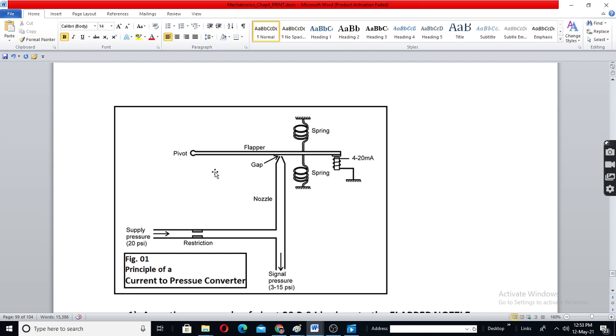Now that flapper is mounted at one side on a pivot for rotation movement. At the other side, the flapper has a magnetic material attached to it, which is kept close to an electromagnet, so that the flapper's other end can be attracted by the magnet.